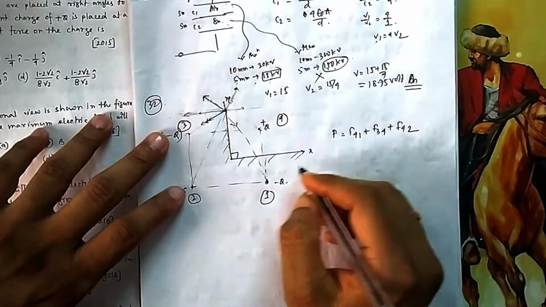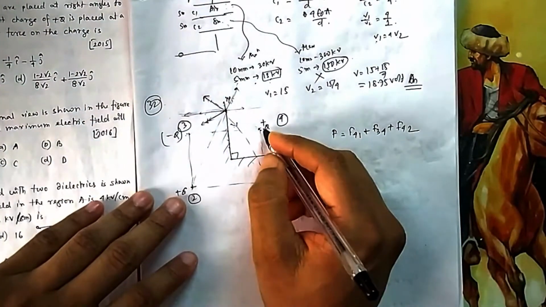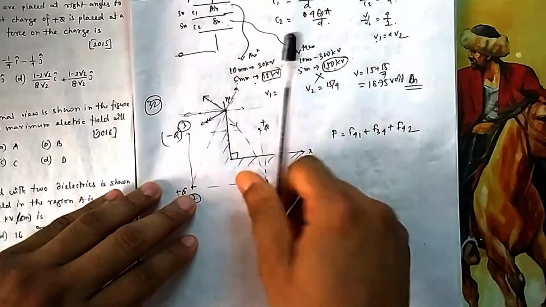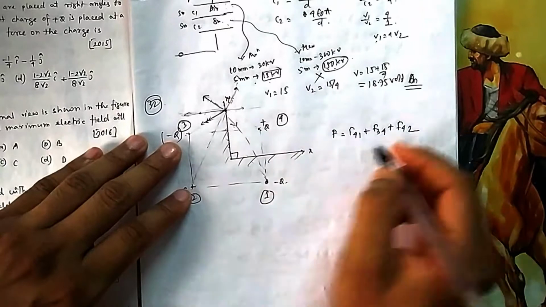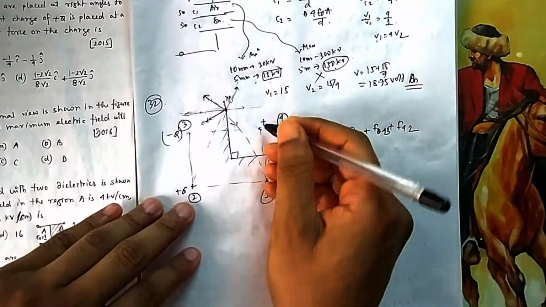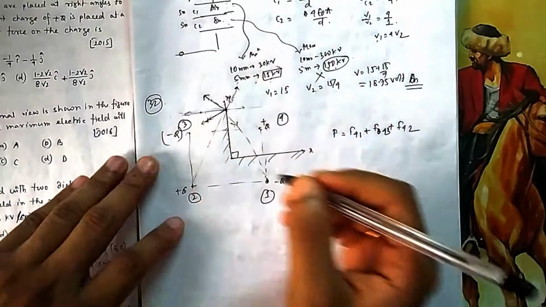It depends on the direction. Suppose you are taking 4-1, that means in this direction, so you should take 4-3, and this is positive for me, so it should be 4-2. So all these directions are positive for me.